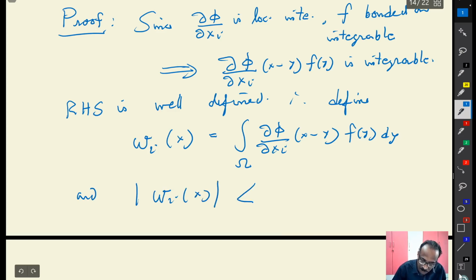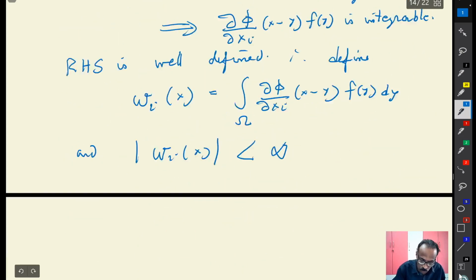Integrable means the modulus is finite, so it's a well defined quantity. So the claim, what you want to prove, is that wi of x is equal to dv by dxi. You want to show this.